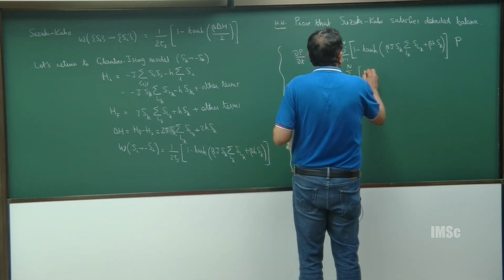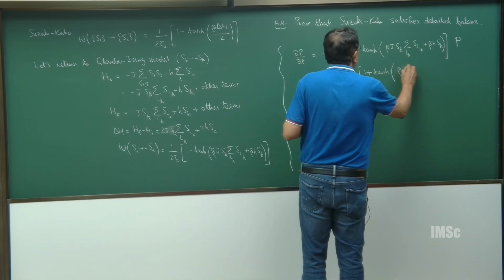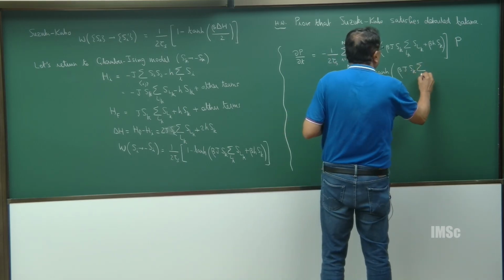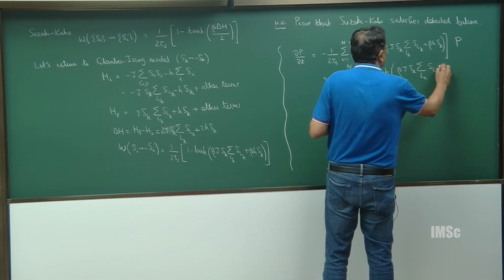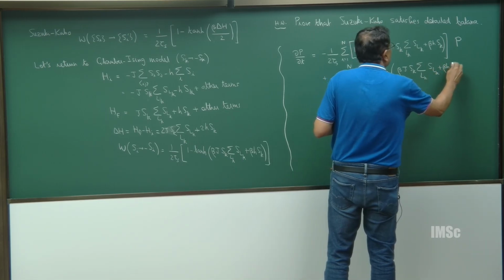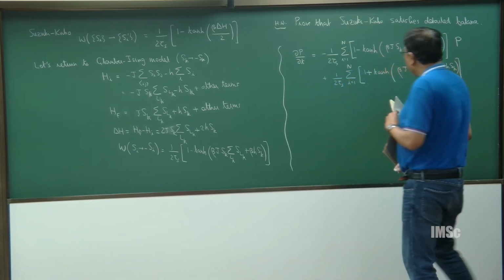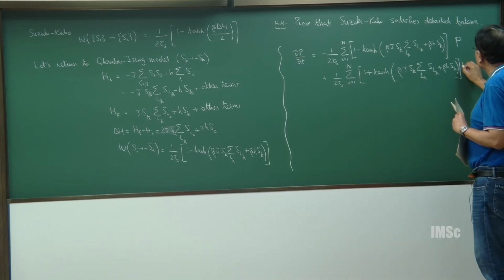So that becomes 1 plus tanh, because tanh is an odd function, of beta J S_k sum over L_k S_L_k plus beta h S_k. That's multiplied by the probability of a slightly different state.